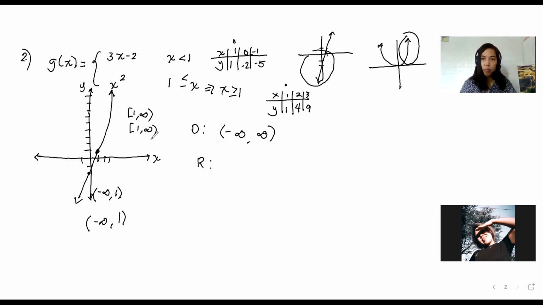Negative infinity to positive infinity po. Okay, very good. Negative infinity up to positive infinity or set of real numbers. Kasi class, hindi man natin sinama dito si 1. Dito naman sa pangalawa kasama siya. Okay, titingnan natin yung mga values ng y. So therefore, same lang sila ng domain and range.